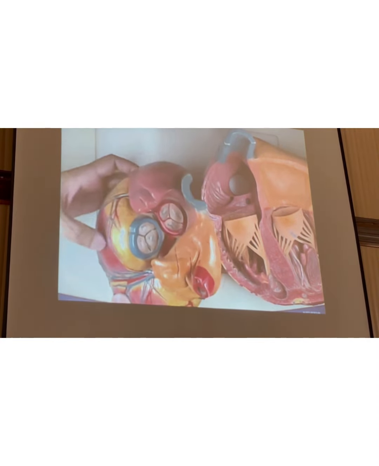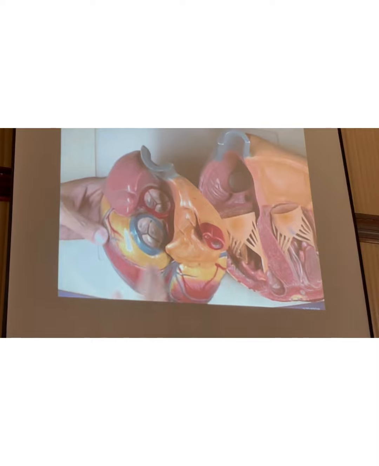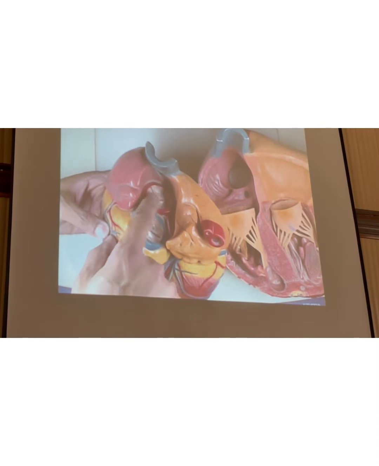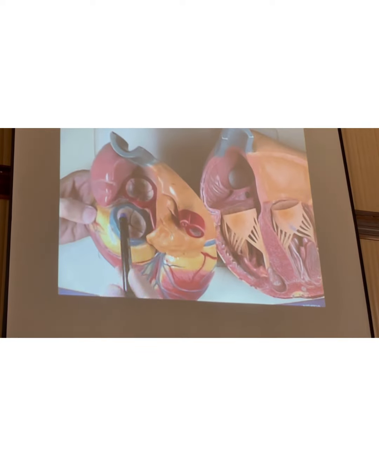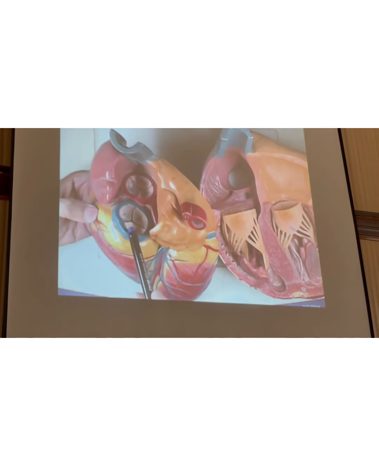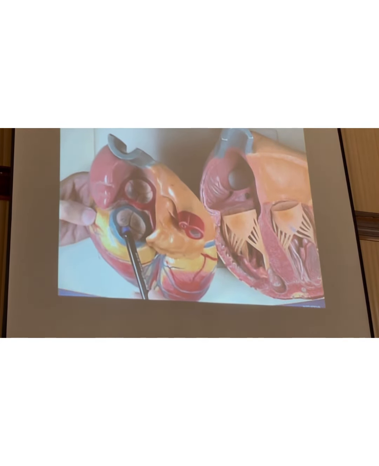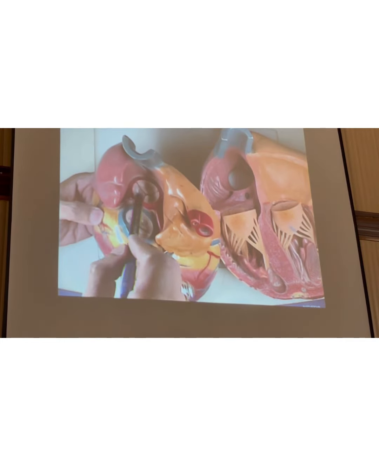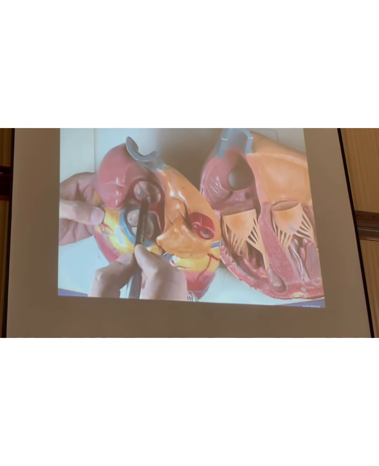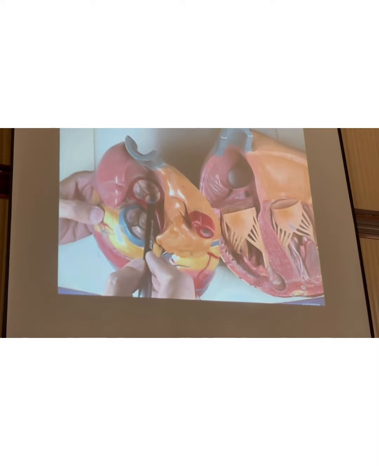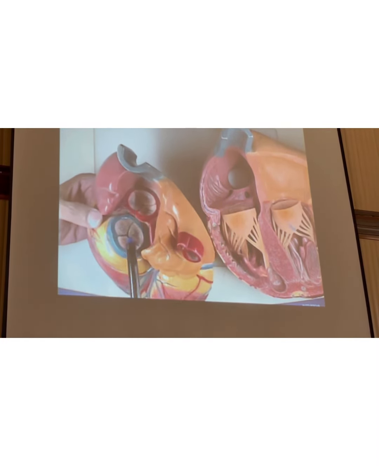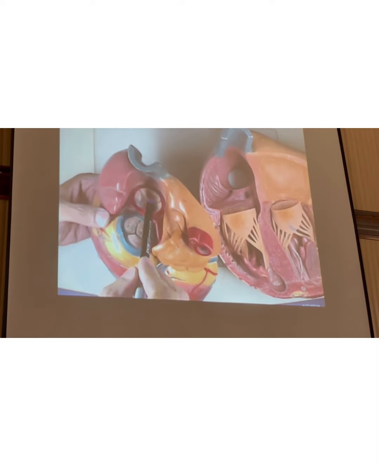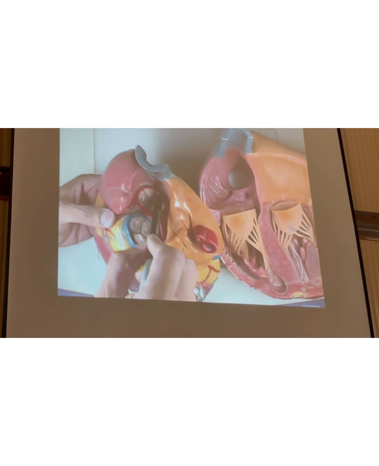Here, an aortic valve, which consists of 3 semilunar cusps. The arrangement here is different from the pulmonary. So we have 2 anterior, right and left coronary semilunar valves, and then 1 posterior.